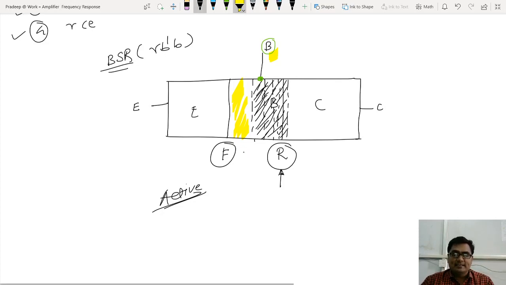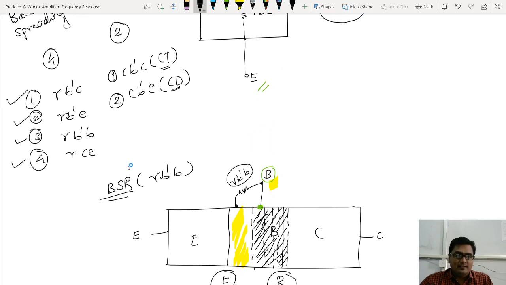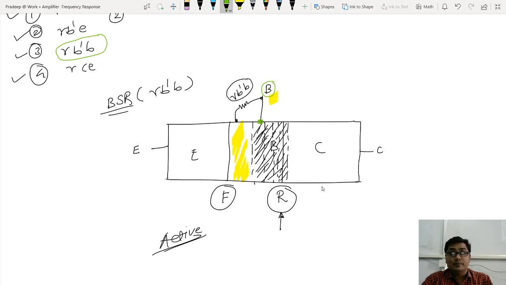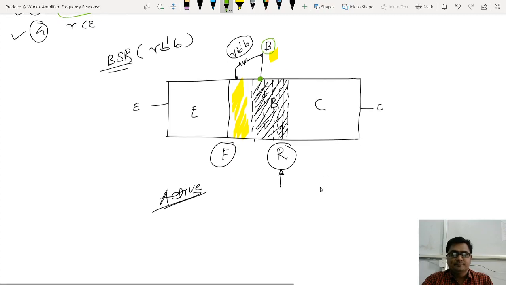And hence, there is a resistance present between the actual base and the base terminal. That resistor is called base spreading resistor, that is RB-B. This is what I have shown here, that is RB-B. Now got the reference? What is base spreading actually?